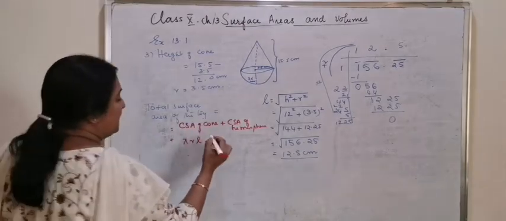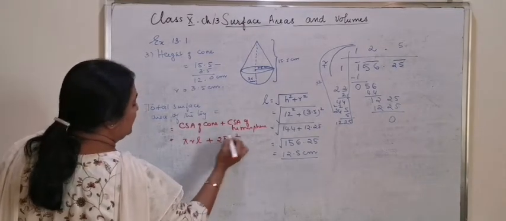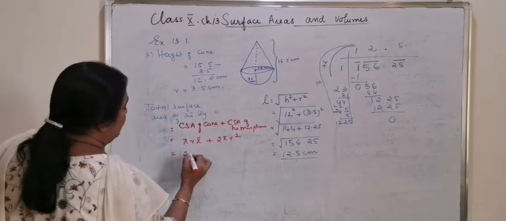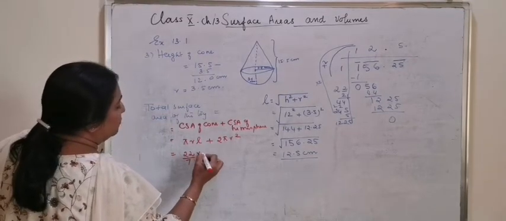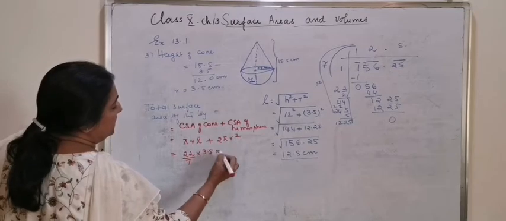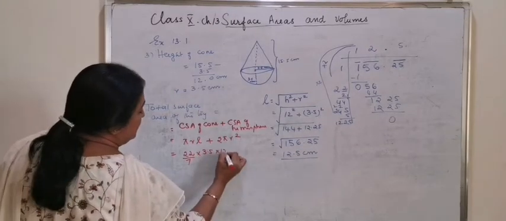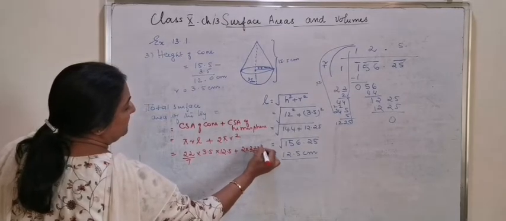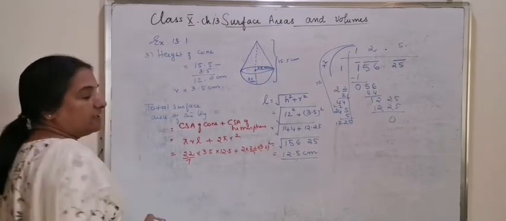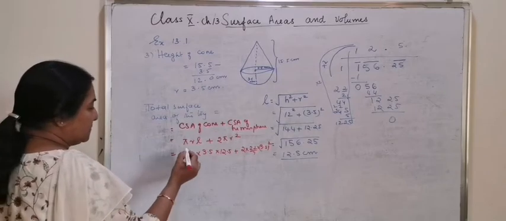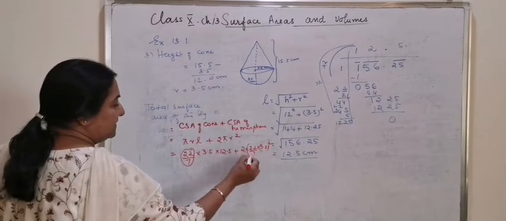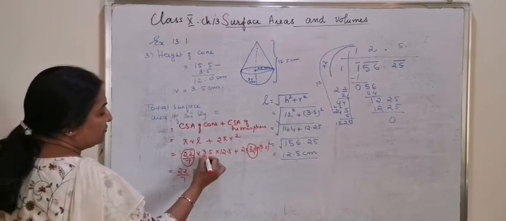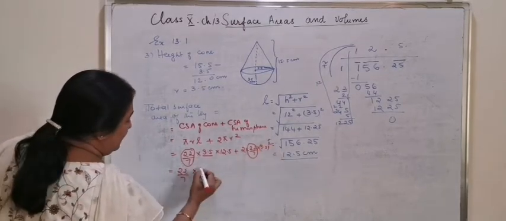Curved surface area of a hemisphere is 2 pi r square. After substitution, we can take out the common factors outside. 22 by 7, radius is 3.5 and the slant height is 12.5 plus 2 into 22 by 7 into 3.5 the whole square. So 22 by 7 is a common factor. 3.5 can be a common factor.